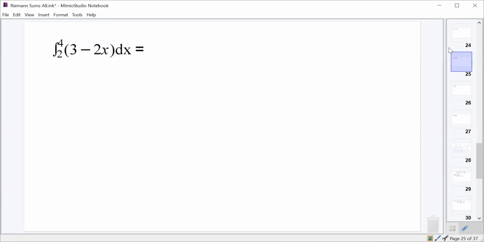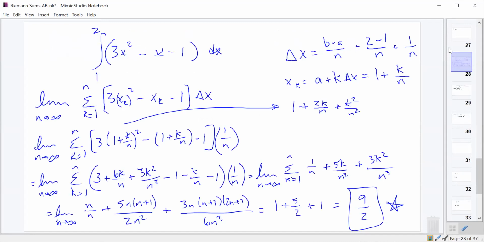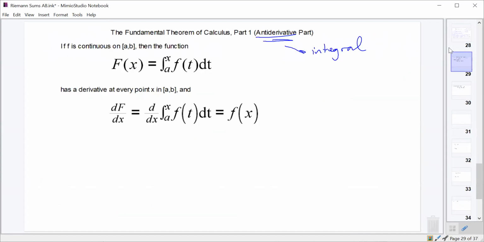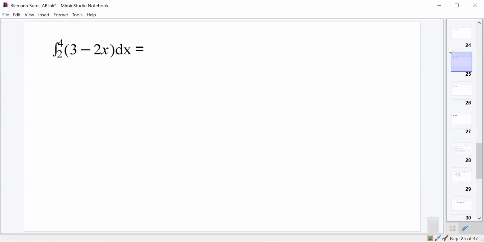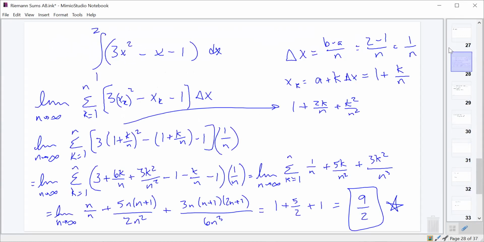All of them had an upper limit and a lower limit. Well, when we put these upper limits and lower limits on them that are just numbers, both constants, what it's doing is it's telling us an area between the x-axis and that curve. It's giving us a number out, right? Everything we got was a number. We got a number for this. When we did these ones in class, we got numbers for them, right?